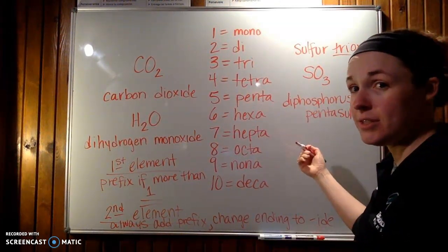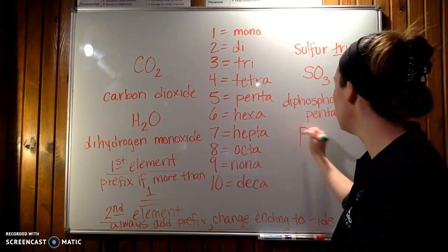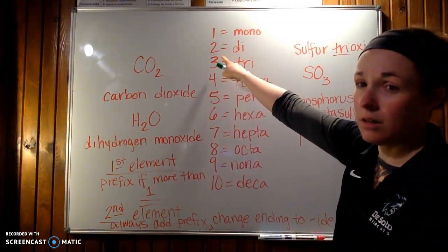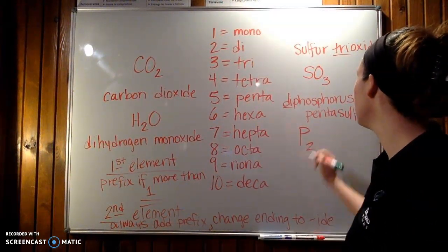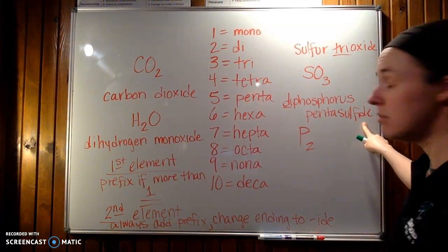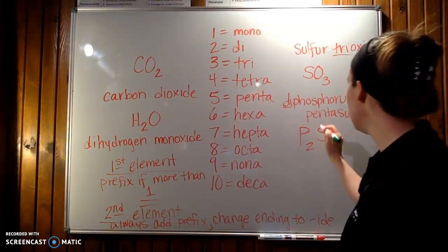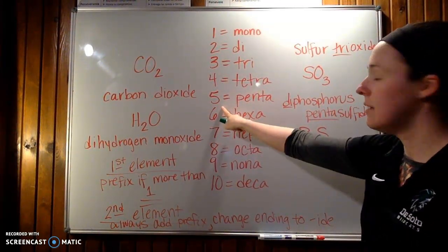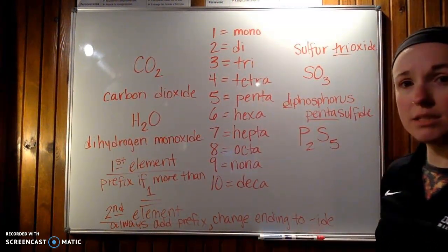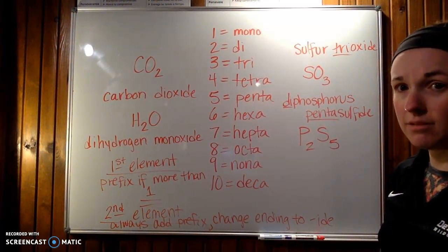Diphosphorus is going to be phosphorus, which is P. There is a prefix on it, and the prefix on it is di, so that means there are 2 phosphorus. Pentasulfide, sulfide is sulfur, which is S. We've already done that one. The prefix on there, penta, is 5, so that means there are 5 sulfurs. So your formula is P2S5.